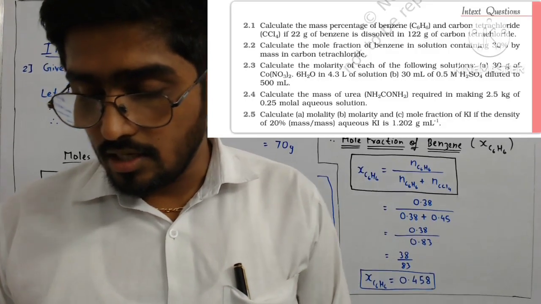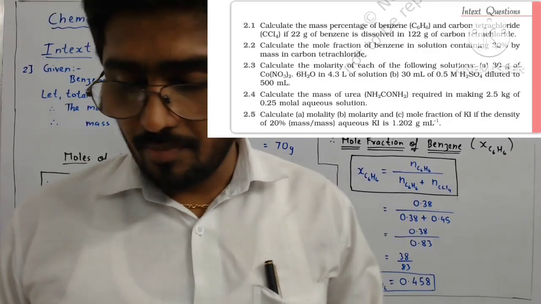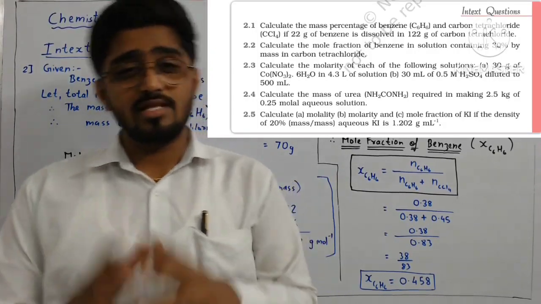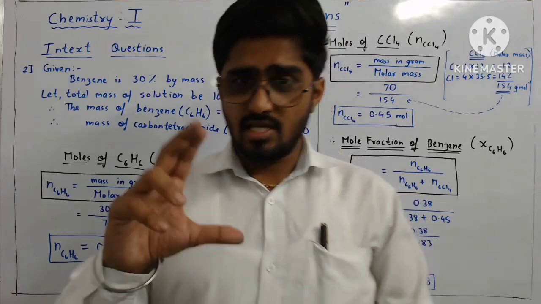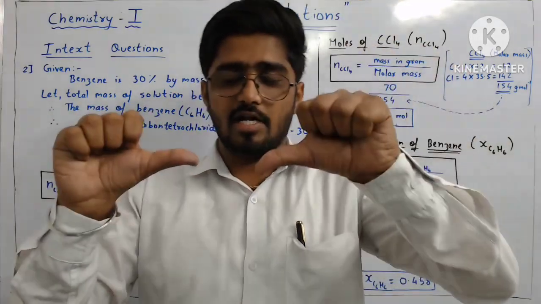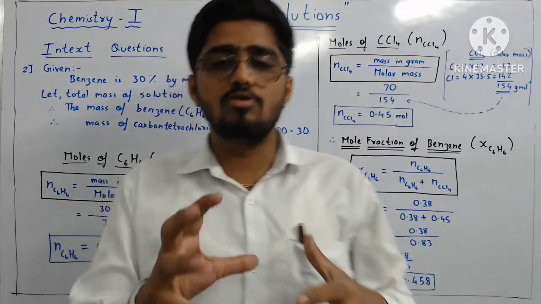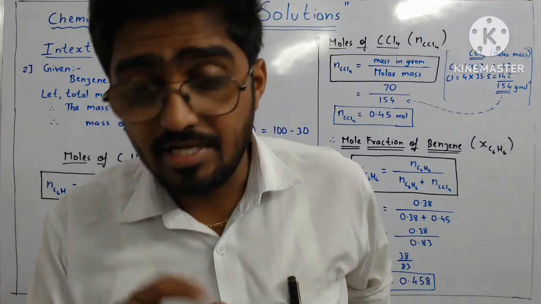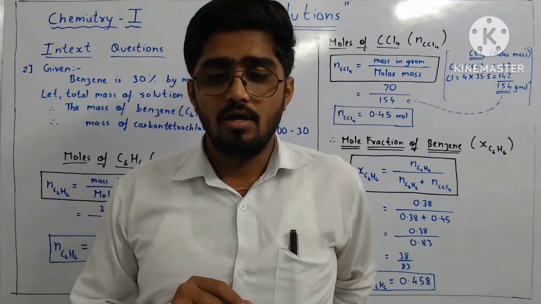Again, students, it is the same type of question. There is a solution made up of two things, benzene and carbon tetrachloride, and in that whole solution, 30% is benzene.